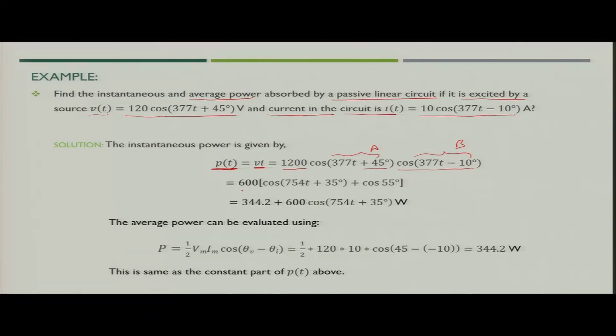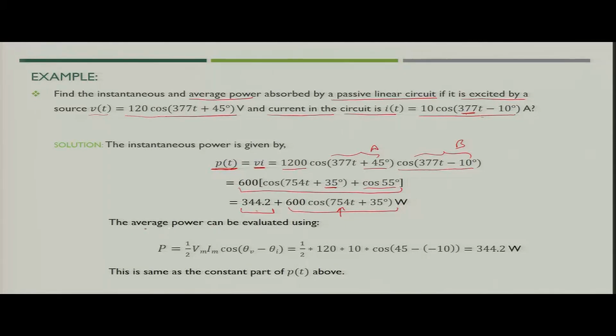When you simplify, you will get 600 [cos(754 t plus 35 degrees) plus cos 55 degrees]. So, you get one constant term, as we got in the instantaneous power derivation, plus one sinusoidally varying term, whose frequency is twice the original omega.